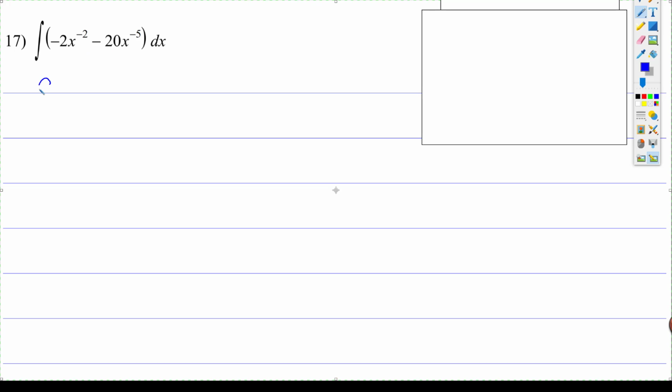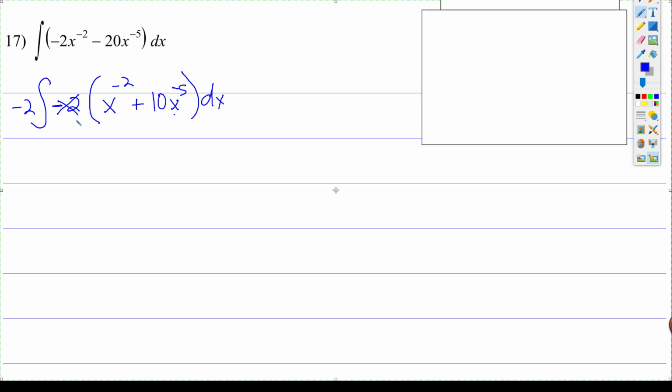So we could do this first step of factoring out a negative 2, and then what would be left would be x to the negative 2 plus 10x to the negative 5th dx. And then this negative 2 would be brought out in front. All right? But now we have two terms.